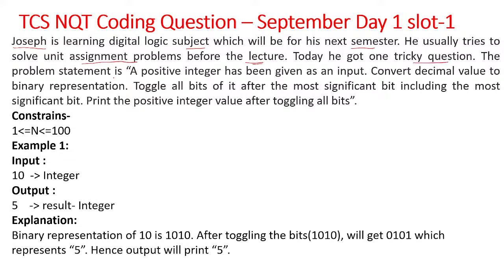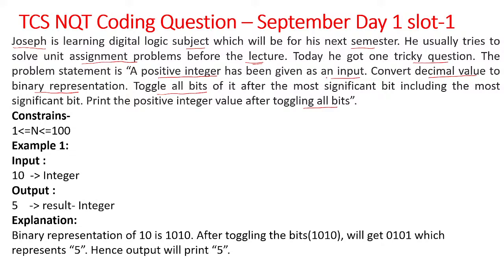The problem statement: a positive integer has been given as input. Convert the decimal value to binary representation. Toggle all bits of it after the most significant bit, including the most significant bit. Print the positive integer value after toggling all the bits. Now this is the question given.